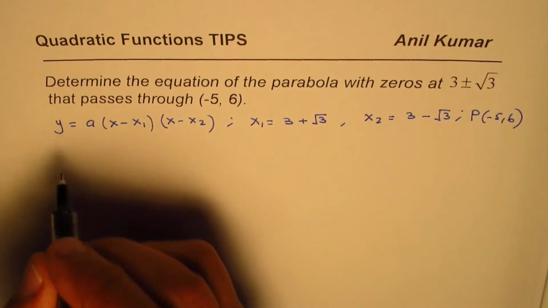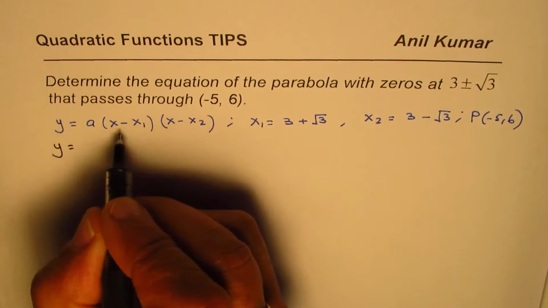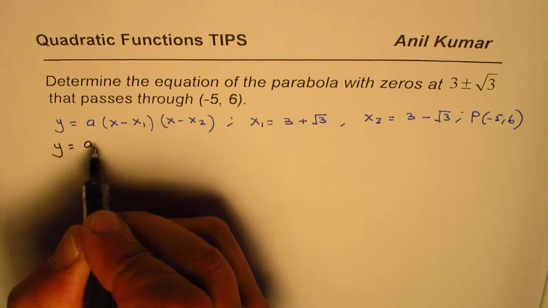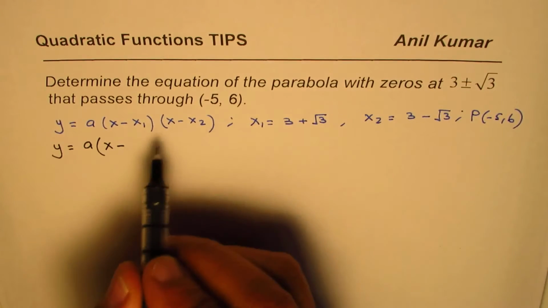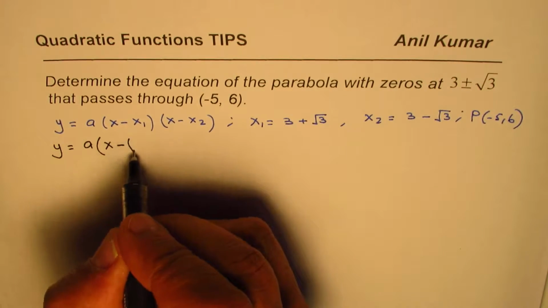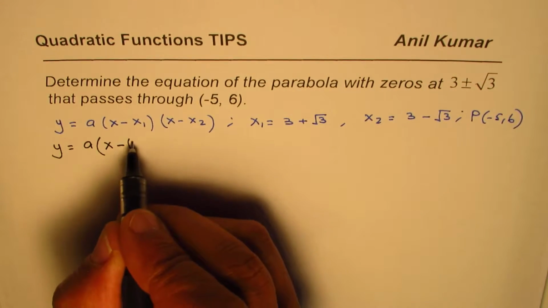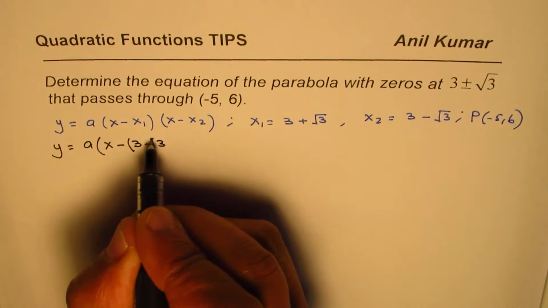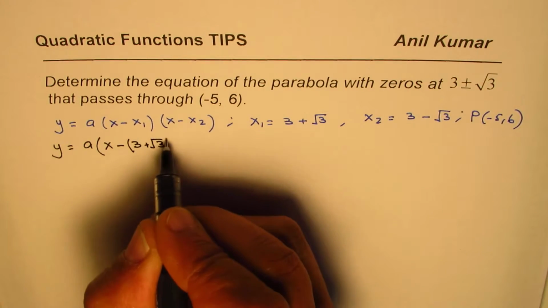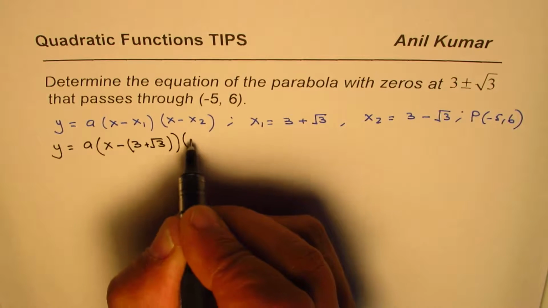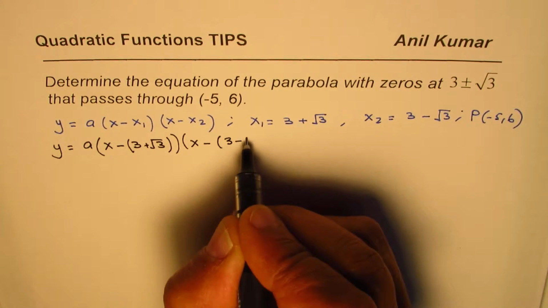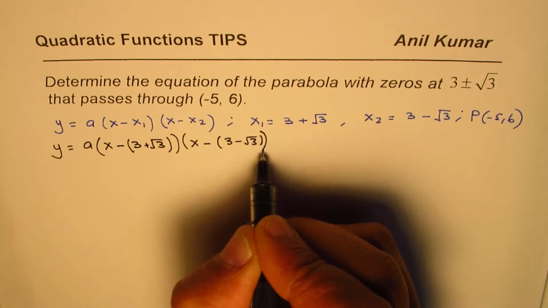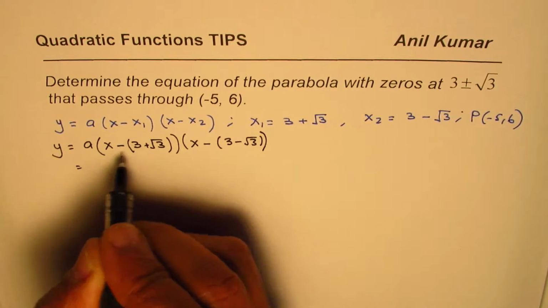So let's begin. We'll substitute the values of x1 and x2. So we get a times (x minus (3 plus square root 3)). It's good to write them in brackets since this is minus 3 minus square root 3. So we'll use the first one, times (x minus 3 minus square root 3). Now let's open this bracket first.